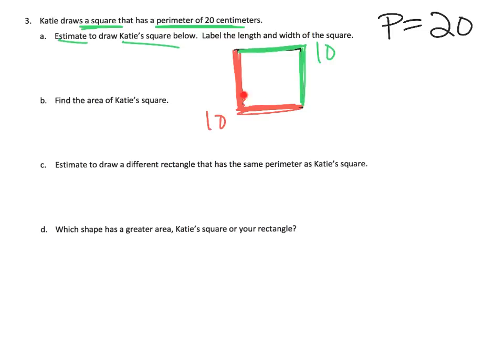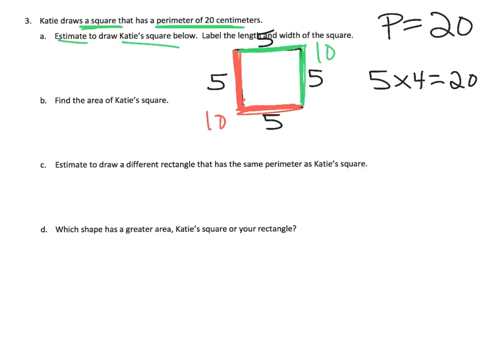Well, if the length and the width have to equal 10, but it's a square, which means the length and the width are the same, that tells us the length is 5 and the width is 5. And sure enough, 5 times 4 gives us 20. So we have our square, and the sides are all 5s.